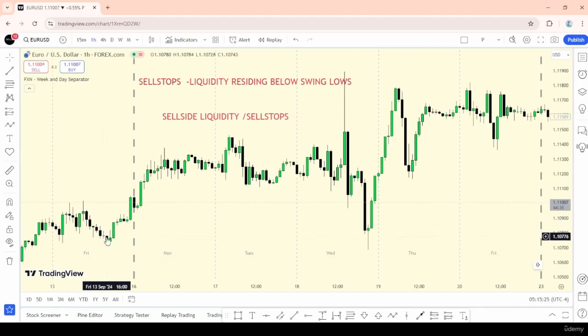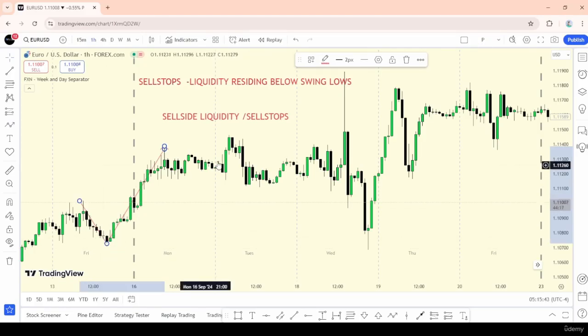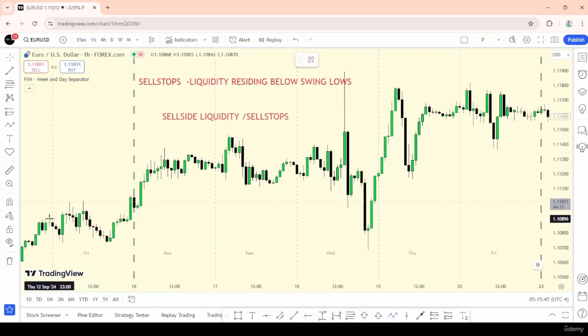For example, in this situation, we can see this example, we have a swing low. So from this high to this low, then the market made a higher high. So this is our swing low. Basically, this is the swing low where orders are residing. Another example of a swing low is this one.